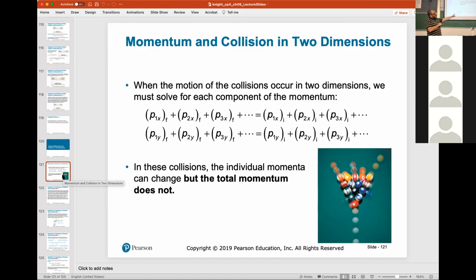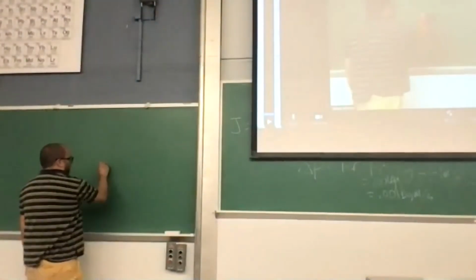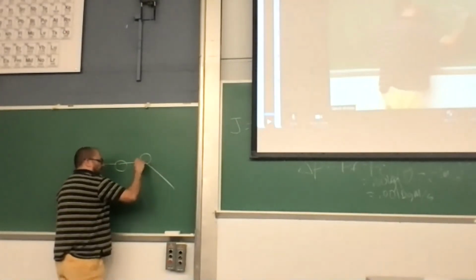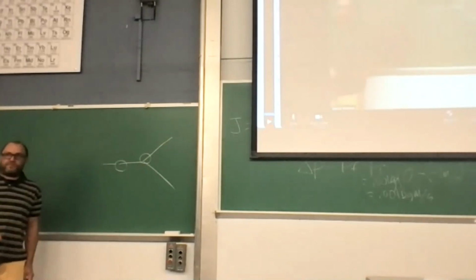So in the case where the pool ball is flying up to hit the other balls, then you'd want to say, all right, X is in the direction of my initial object, so it doesn't have any Y momentum. Okay, that can make your life a little bit easier. Let's say I had two pool balls, so over here, this one hits another ball, goes like this, then they both go off in different directions.